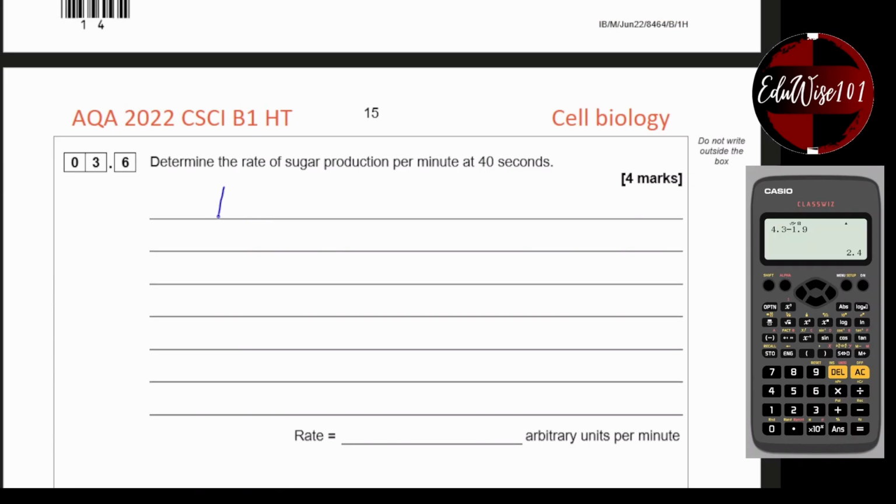So rate equals gradient, which is delta y over delta x, which is 4.3 minus 1.9 divided by 60.